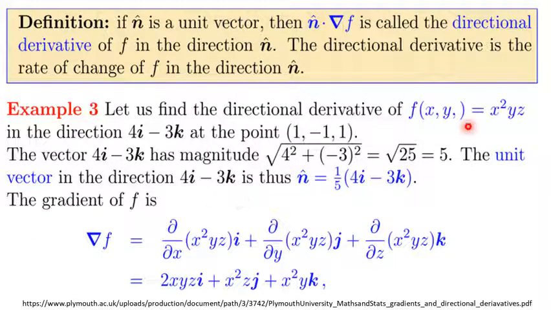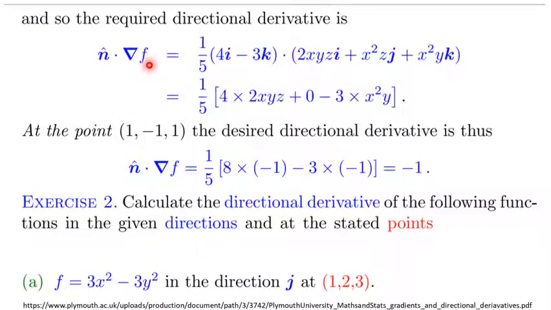First you find the gradient of this function. For finding the gradient of a function, we differentiate this function with respect to x, y, z along with i, j, k, and we get this value. After that we just multiply the value of n cap with del f, and this is the dot product.